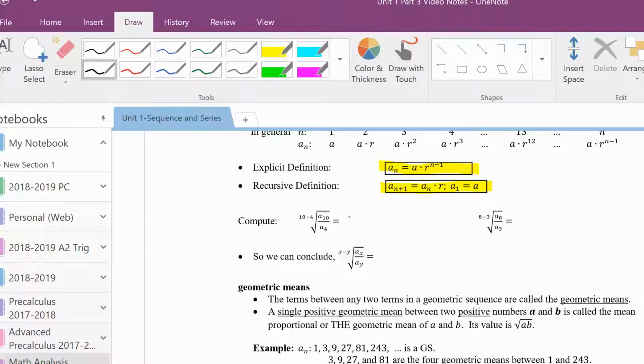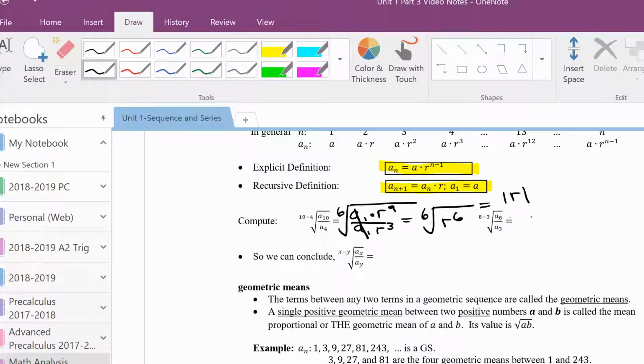The 10th term is the first term times the ratio to the 9th. And the 4th term is the first term times the ratio to the 3rd. And 10 minus 4 is 6, so we're taking the 6th root. The a sub 1's cancel out, leaving r to the 6th, and that will be the absolute value of r.